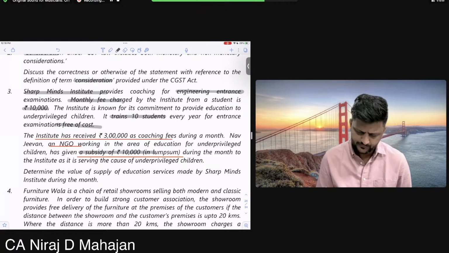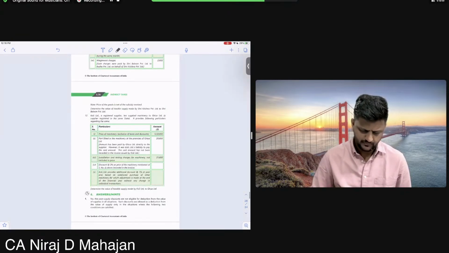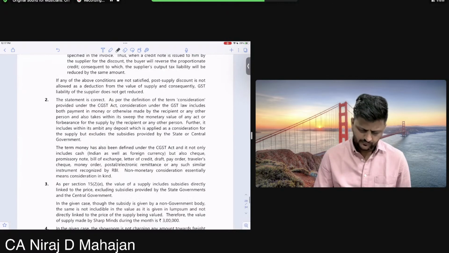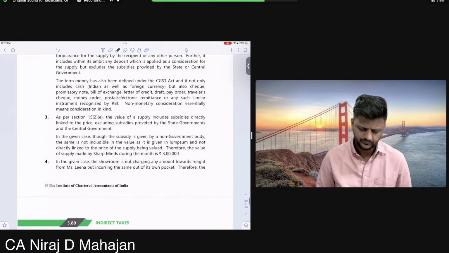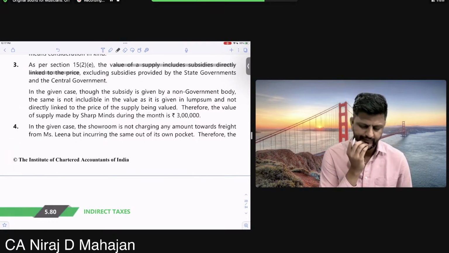During a month. Look at the answer. Value of supply includes subsidies directly linked to the price, excluding subsidies by government.